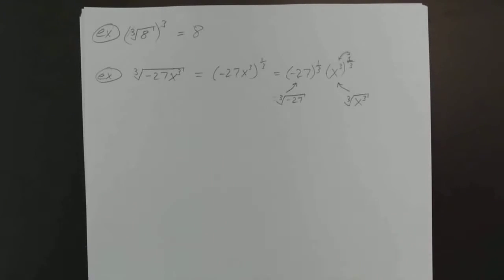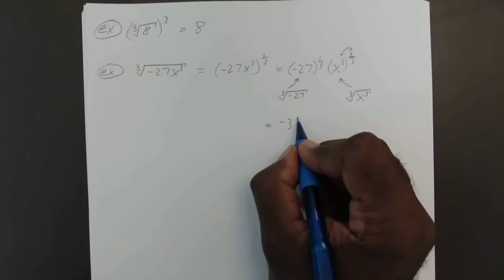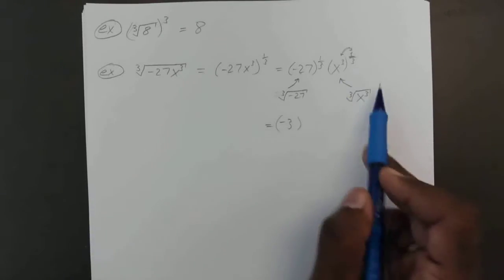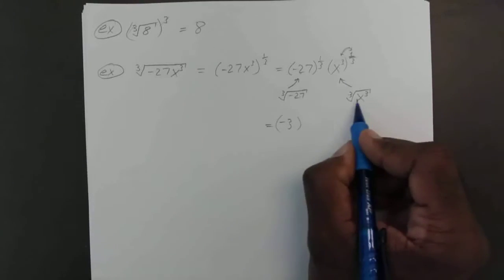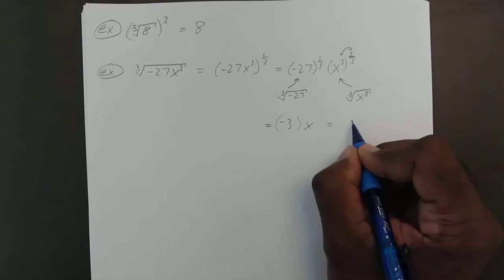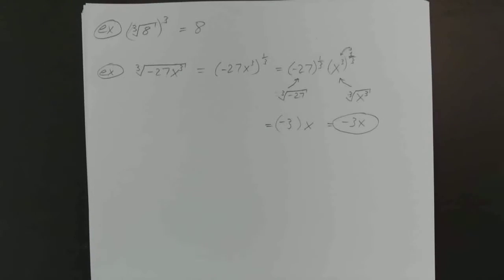Okay. Now the cube root of negative 27, remember that's negative 3 times negative 3 times negative 3 is negative 27. So this ends up being negative 3. And this one, remember your index and your exponent cancel out. So this ends up being just x. So you end up with just negative 3x.